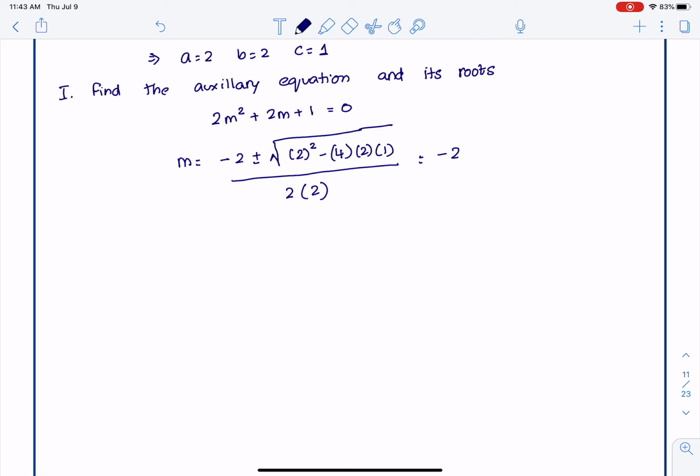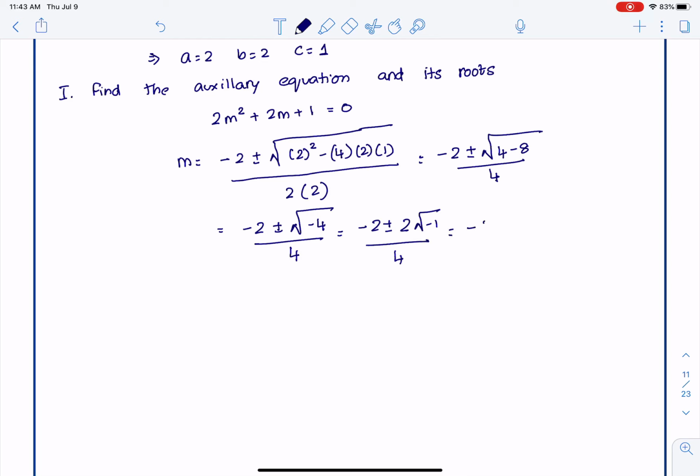That would give us minus 2 plus or minus square root of 4 minus 8 divided by 4. Minus 2 plus or minus square root of minus 4 divided by 4. If I pull the 4 out of the root, it becomes 2. We have square root of negative 1 divided by 4, which would give me minus 2 plus or minus 2i over 4.